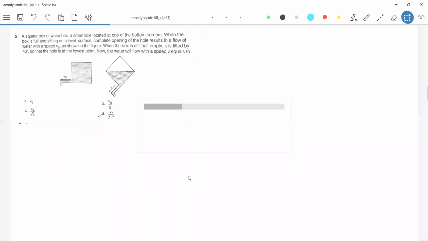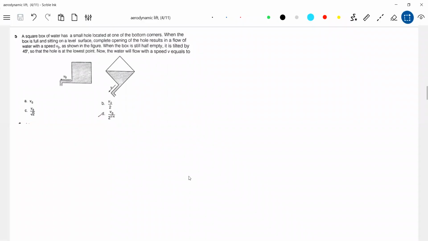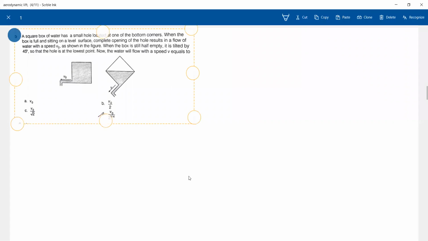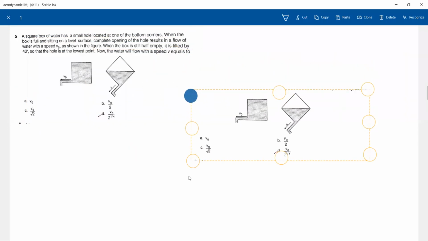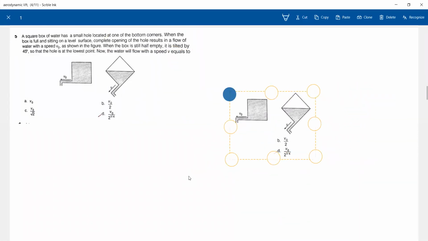Okay, read the question, read the data. Earlier it was a tank. It was made inclined at 45 degrees. Now he's asking what is the velocity of efflux. Such questions just need the basic geometry in hand.